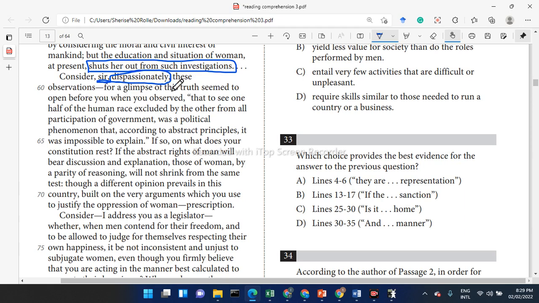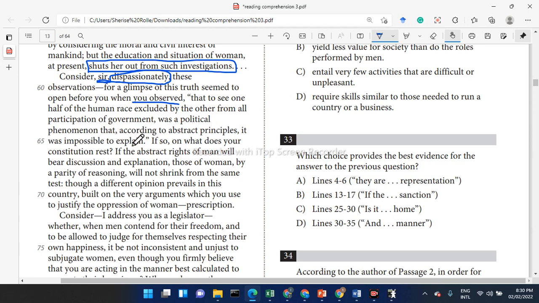For a glimpse of this truth seemed to be open before you when you observed that to see one half of the human race excluded by the other from all participation of government was a political phenomenon that, according to abstract principles, it was impossible to explain.